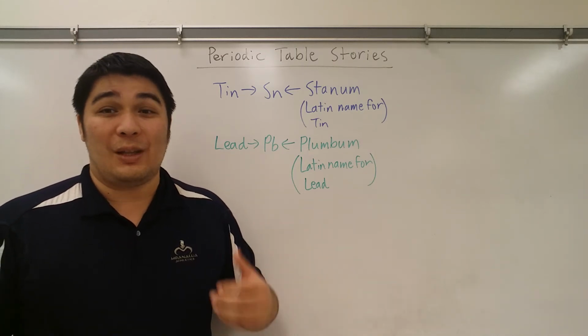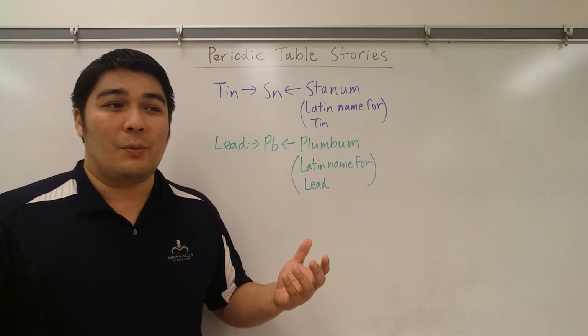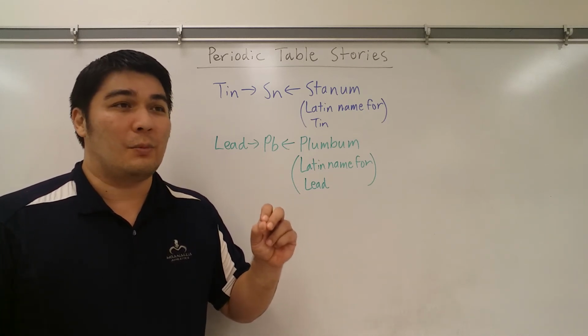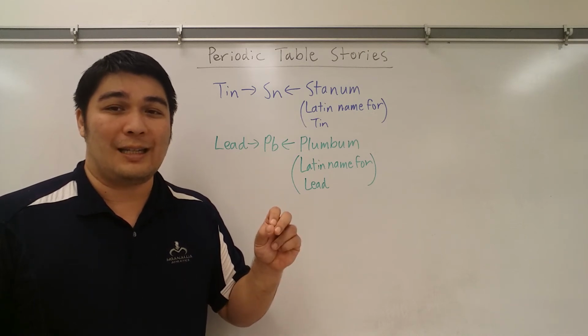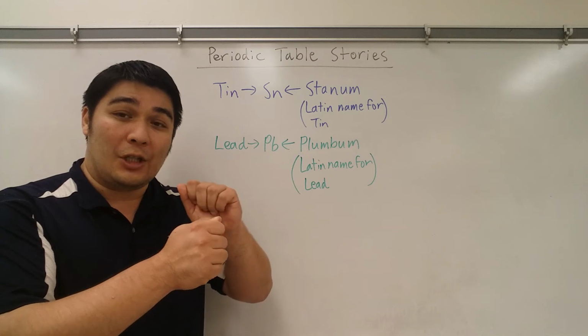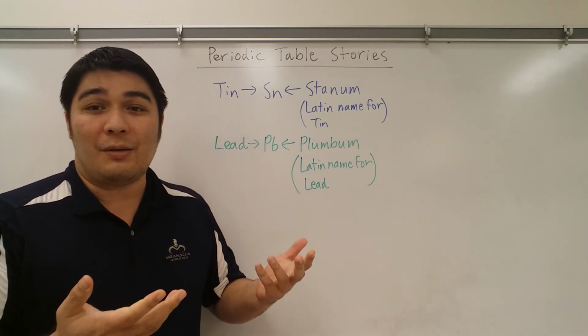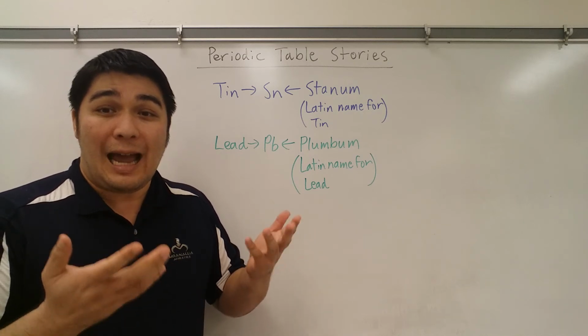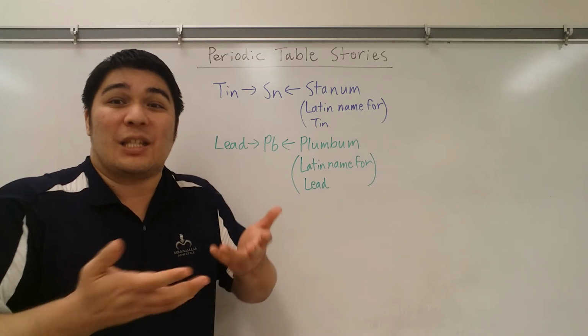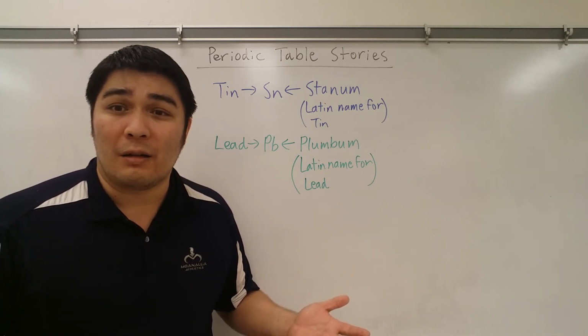So what they found out, and I don't really know how they found this out, but one of the things that the Romans, especially the Roman aristocrats, liked to do was they would take a bunch of lead and shave it off into their wine, because what they found was that lead actually made their wine taste sweet. So they would use it as the first artificial sweetener.